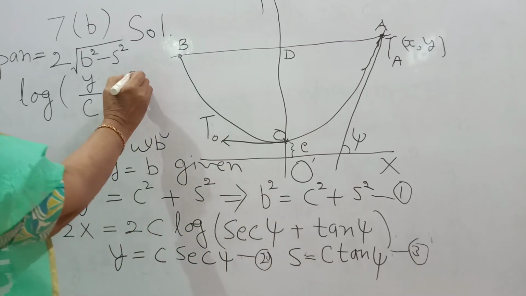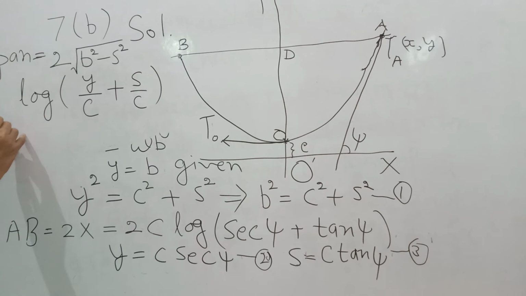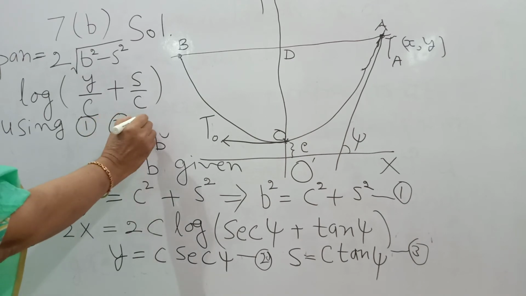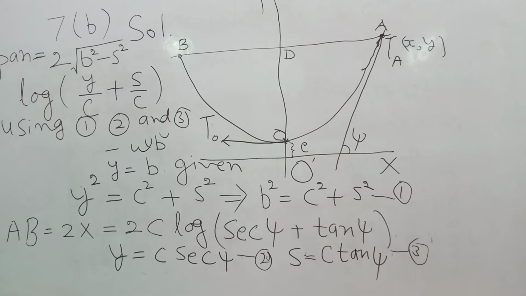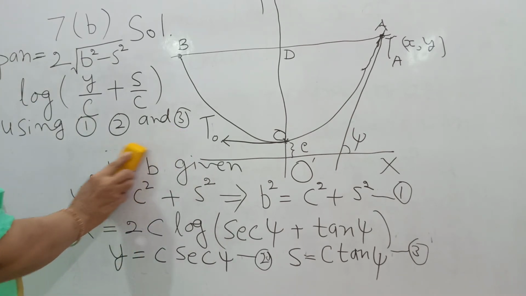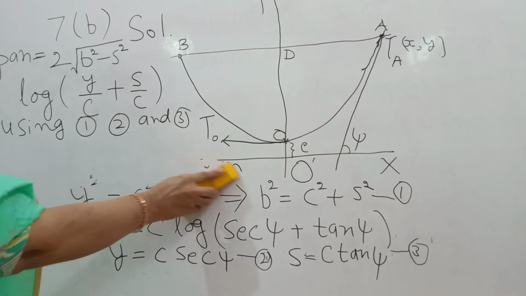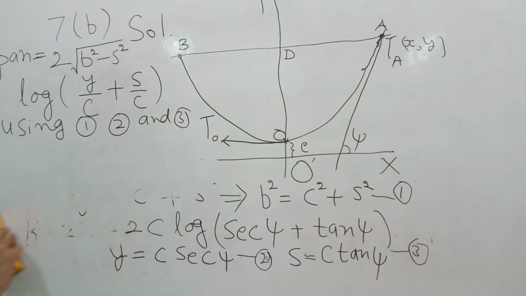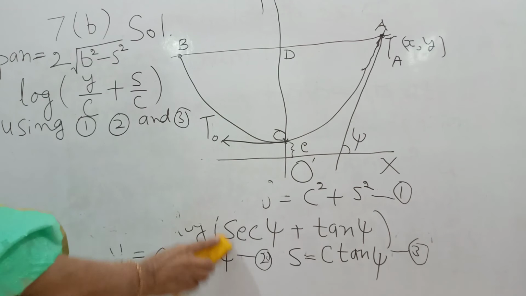S divided by C. Using 1, 2 and 3, so using these three equations we obtain this result. Now you can observe we are very much near to get the result required, isn't it?